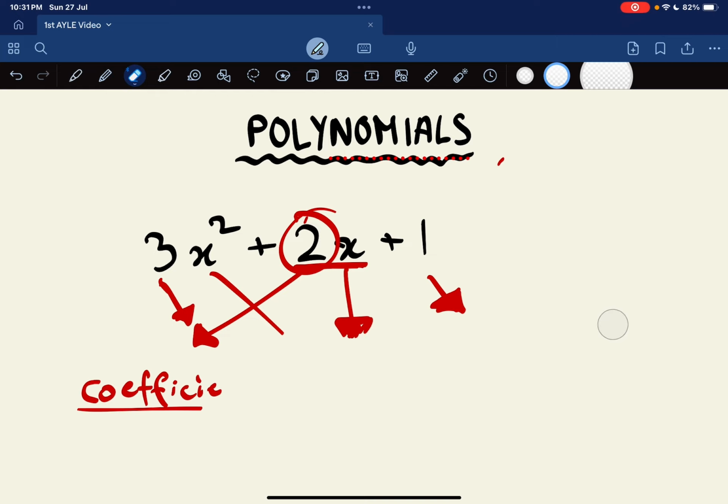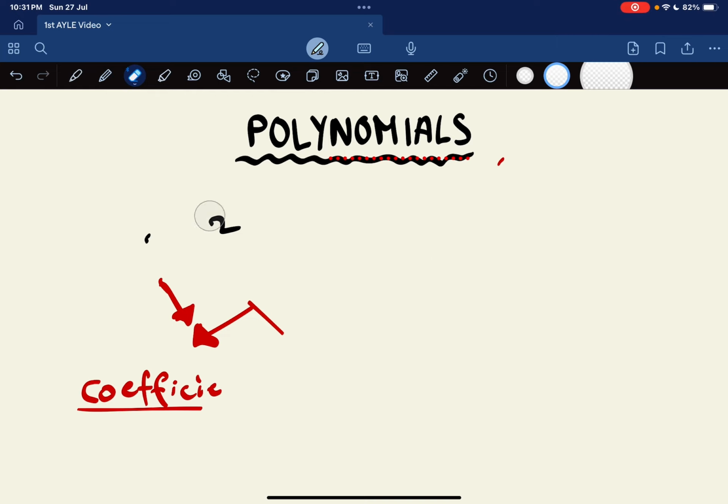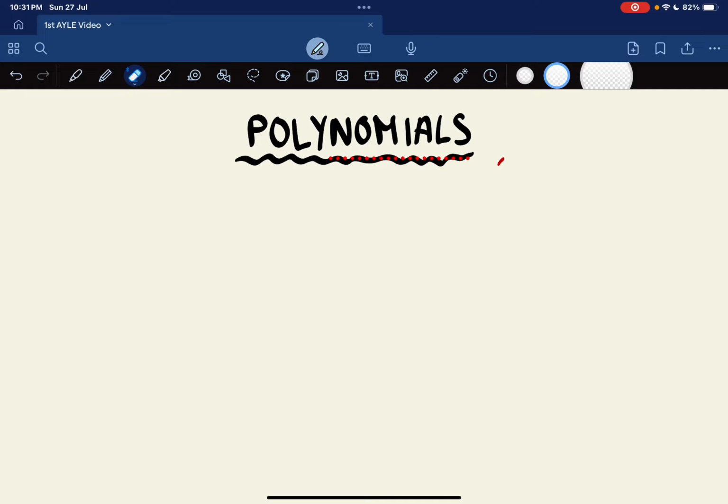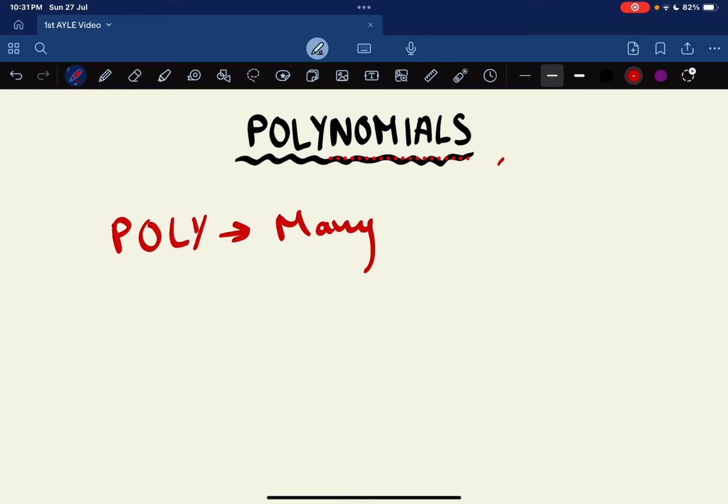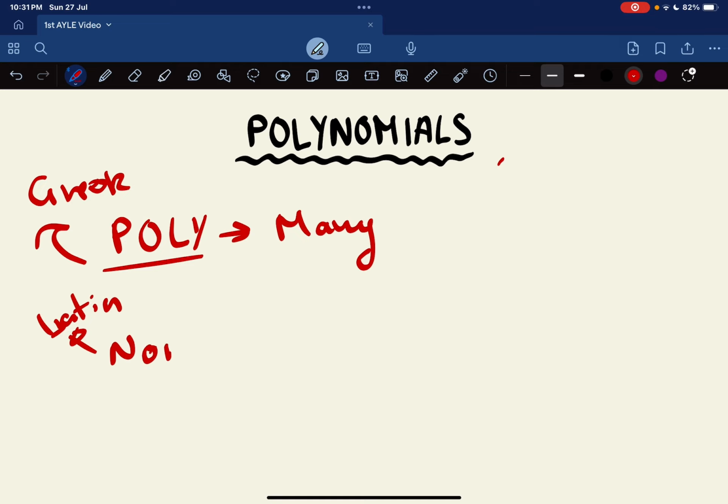Alright, now something to remember, which might make it easier to remember actually what polynomials are. Poly means many. This is from Greek. Now, this is a Latin word that I'm going to talk about now. So there's going to be Latin, nomial.